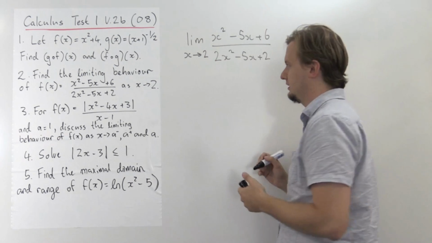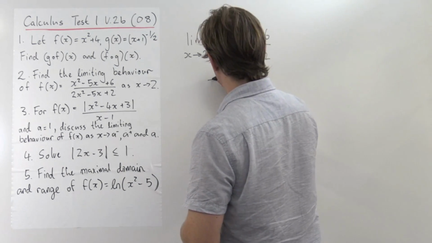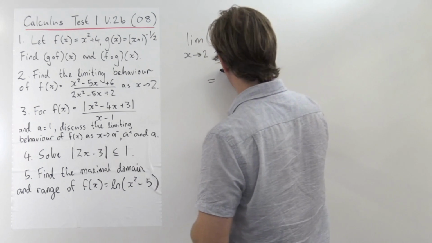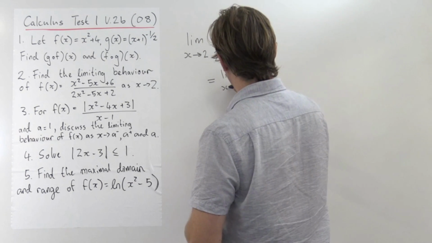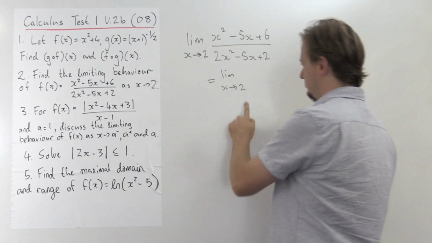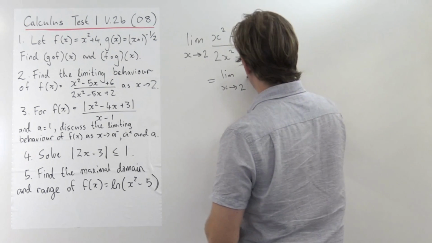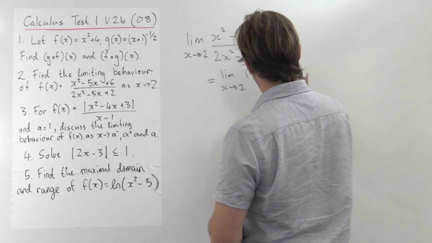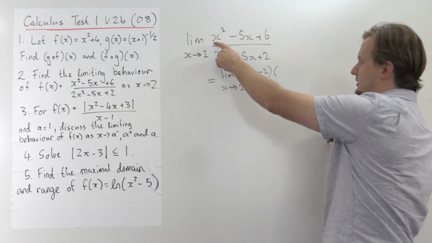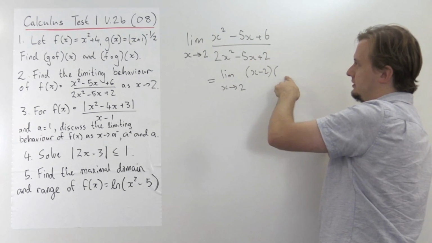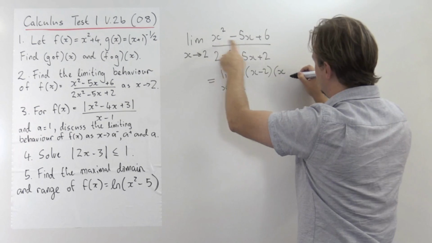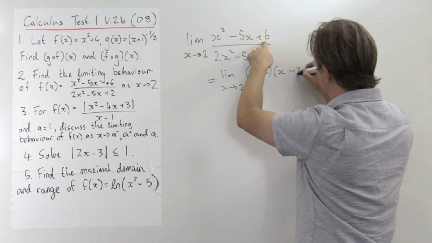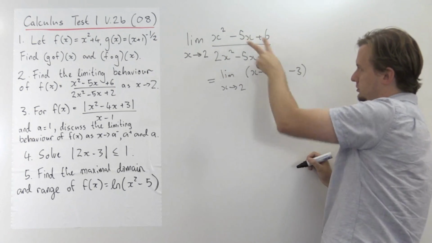And because I had a little look at it, I know that these two have roots of 2 in them, so I'm going to write this as the limit as x approaches 2. Please don't forget this part, x minus 2. And let's see, so I need another linear factor here. It'll start with an x and it'll end with a minus 3. And you can double check that's correct.